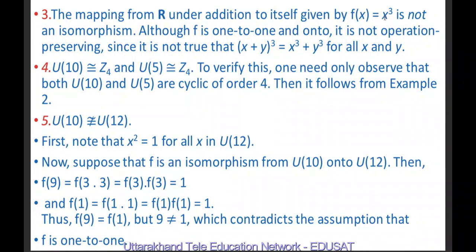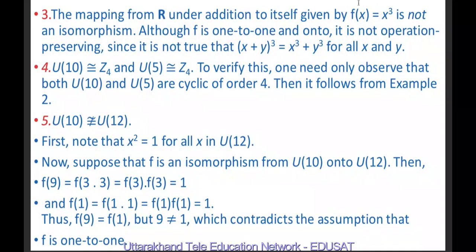On the other hand, f(x) is equal to x cube, f(y) equal to y cube. Therefore, f(x) plus f(y) is equal to x cube plus y cube. So, (x plus y) whole cube is not equal to x cube plus y cube.